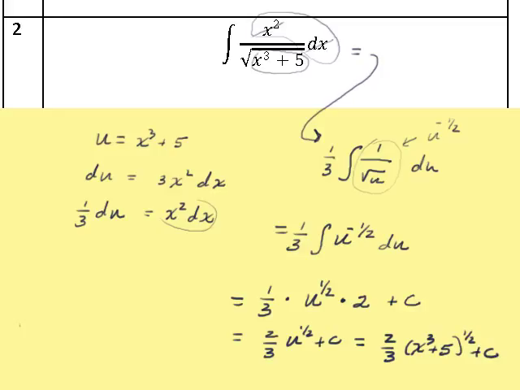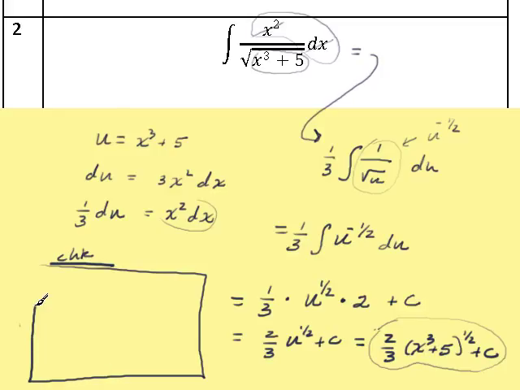Let's do a check now, because if we differentiate this, we should get our integrand. Here's our check. We want to differentiate 2/3 (x cubed plus 5) to the 1/2. Bring down the 1/2. 2/3 times 1/2 is 1/3.